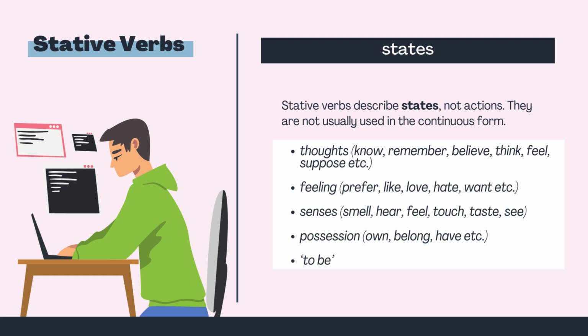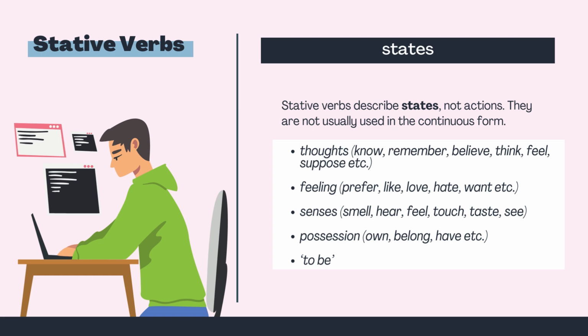So, stative verbs express thoughts with such verbs as to know, to remember, to believe, to think, to feel, to suppose. They describe feelings with such verbs as to prefer, to like, to love, to hate, to want.